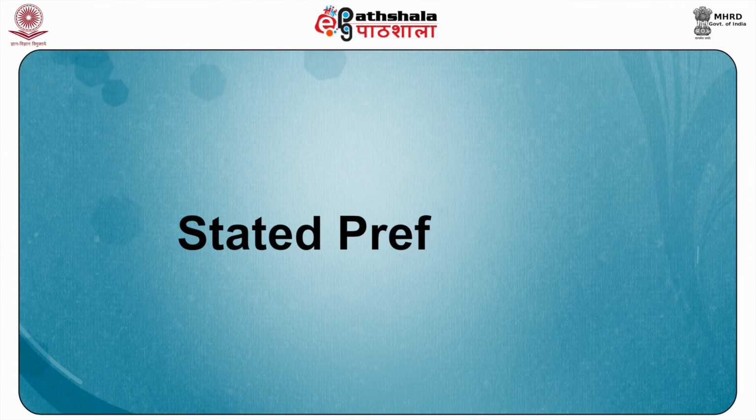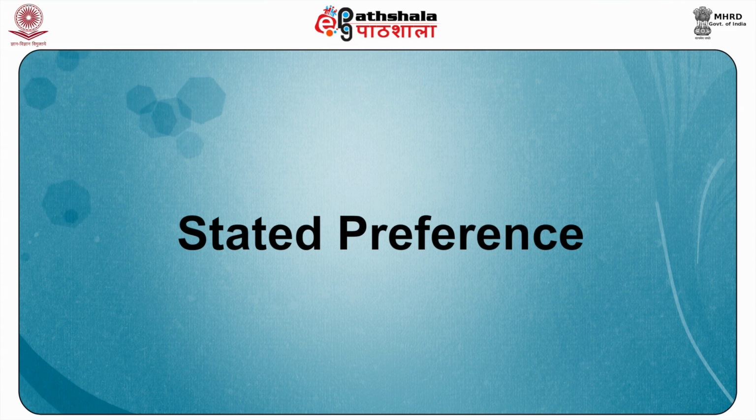Next is the stated preference approach. This method involves asking people about the trade-off between money and environmental goods if they were given a chance to do this. There are various methods used in order to take account of this trade-off.